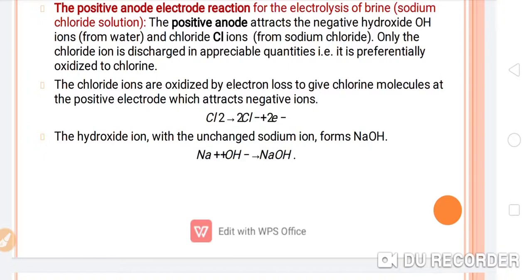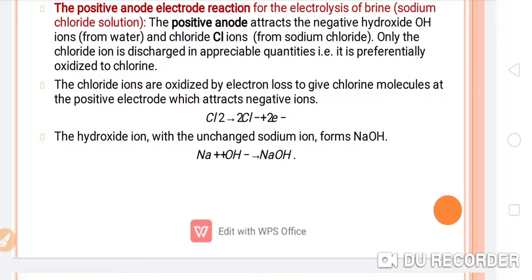So here you can see the reaction. Now how will the hydroxide ion react? The hydroxide ion with the sodium ion, that is Na positive. Here is some typing mistake, you can say.